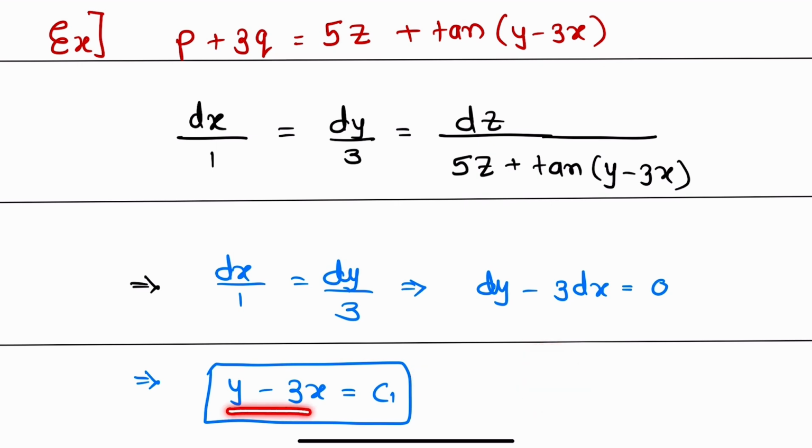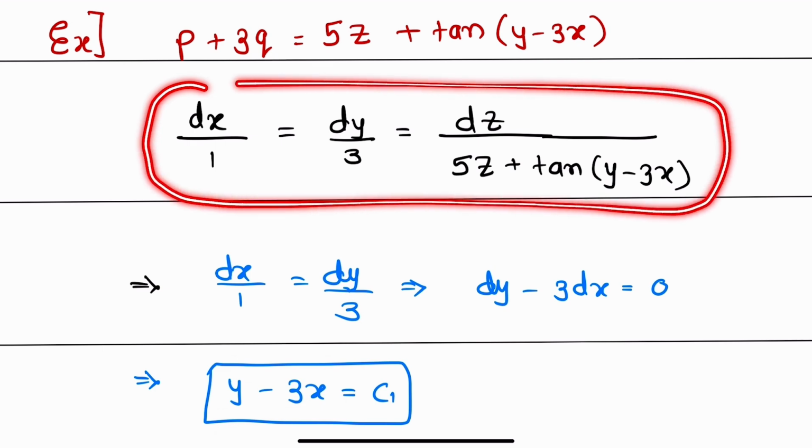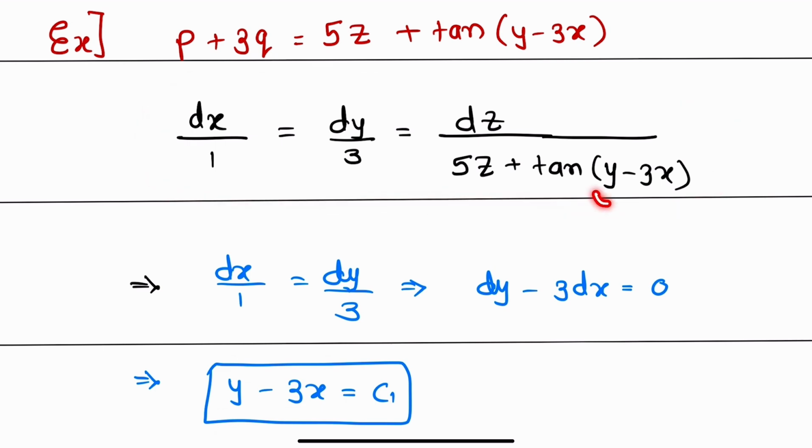If you see the solution that we are getting, y minus 3x equals c1, and observe these auxiliary equations, we can easily say that we have y minus 3x here as well. And the second thing is that if we equate the first and third ratios, this is a function of dx, this is a function of dz.